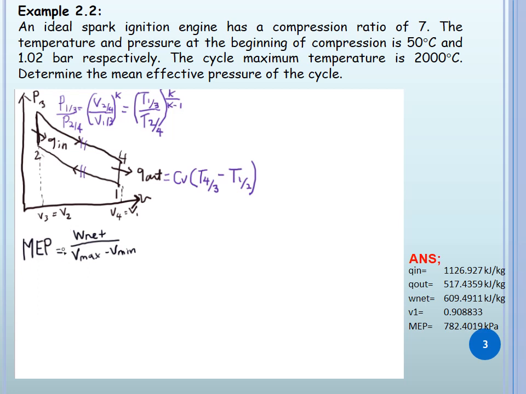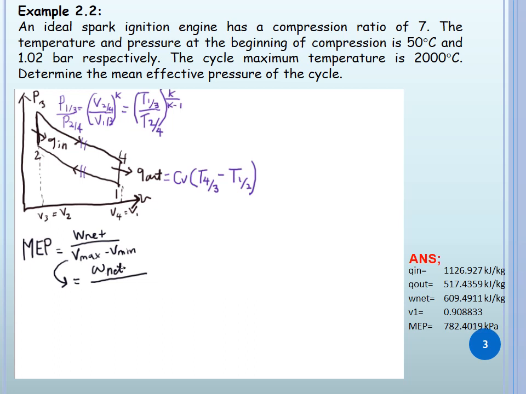You can also rewrite this equation by dividing everything by kg, so we have specific volume, to work net.